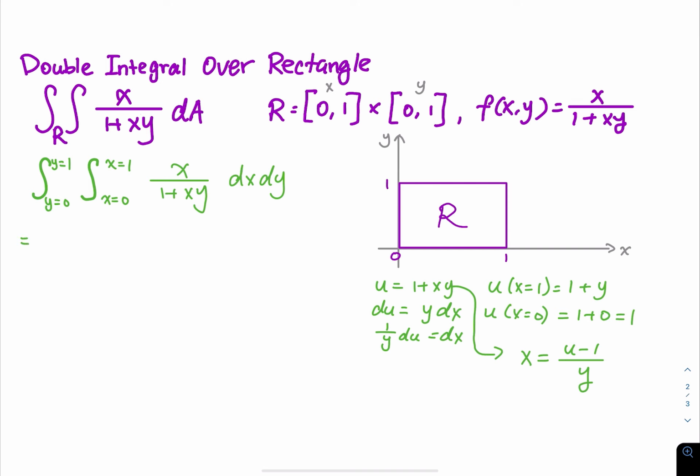Okay, so we turn to the double integral. We have y from 0 to 1, and u from 1 to 1 plus y. The x is u minus 1 divided by y, and 1 plus xy is u, so that will be 1 over u.